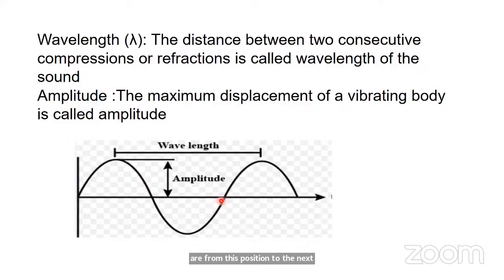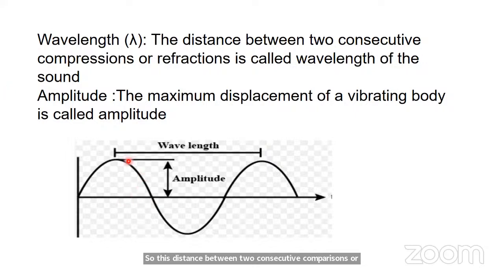From the zero position to the next of the same phase. The wavelength is defined as the distance between same-phased particles. If the particle is here, moving upward, and here also moving upward, they are in the same phase. So the distance between two consecutive compressions or rarefactions is called the wavelength of sound.